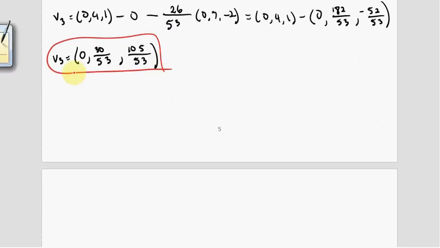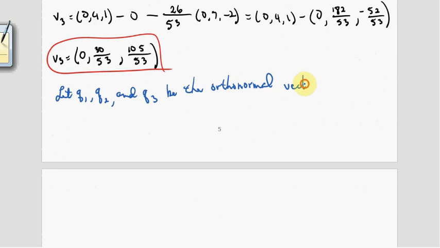So here what we have is, let Q1, Q2, and Q3 be the orthonormal vectors.